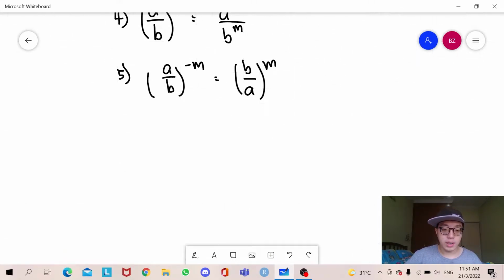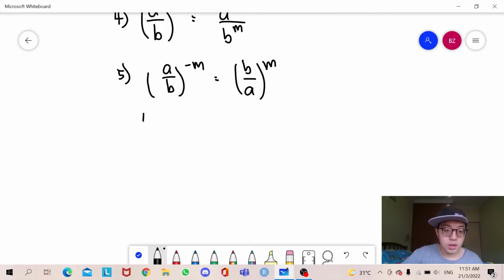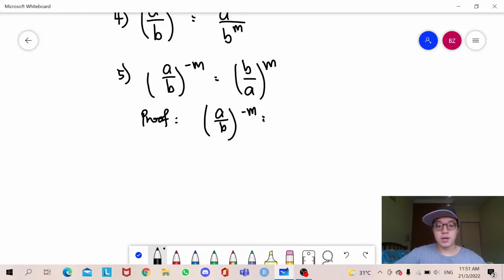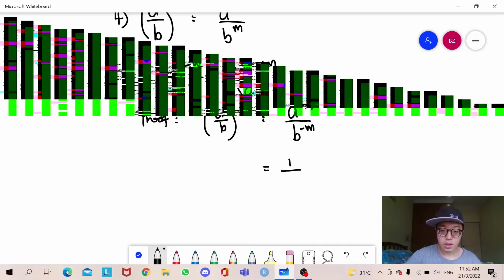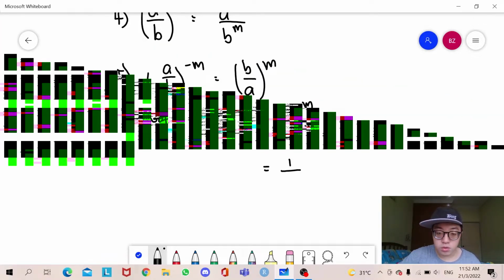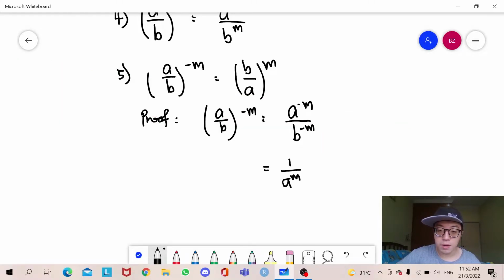If you want to ask why we can just flip like that, I'm going to do a little bit of proof here. a over b to the power of negative m. According to rule number 4, we can just bring in the power. So it's a to the power of negative m divided by b to the power of negative m. If we further continue, it's equal to 1 divided by a to the power of m, divided by 1 over b to the power of m.